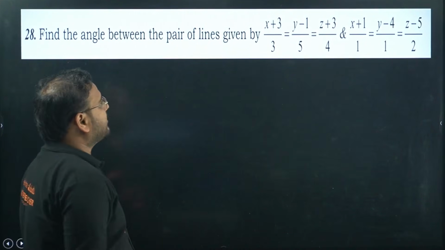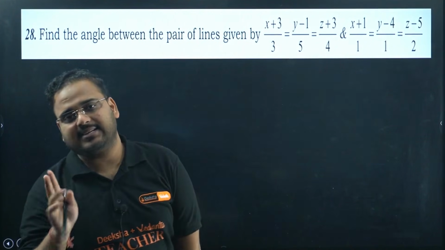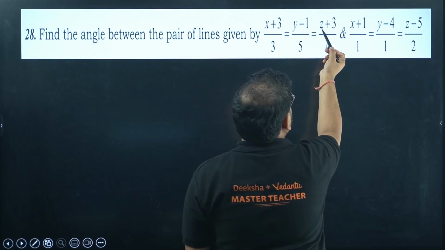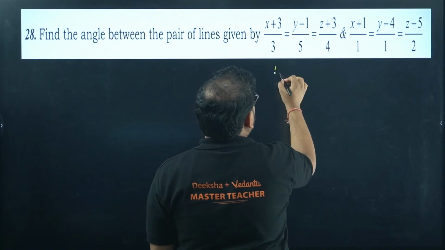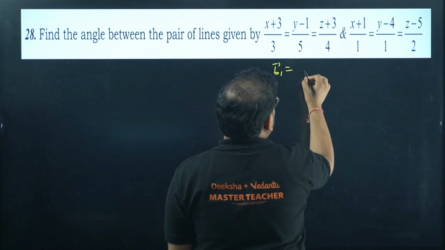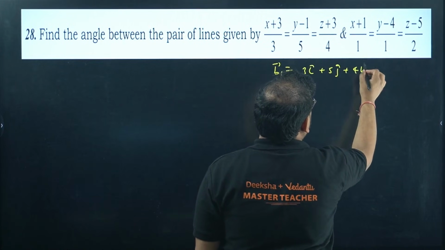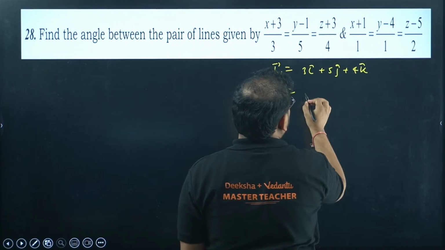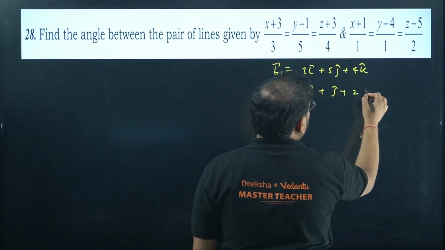Angle they're asking, okay? So first step is to check the coefficients of x, y and z. They have to be always 1. Yes, 1 here, also 1 here as well. So yes, positive 1 is there. So now you are going to identify the vector b1. You will have this as 3i cap, 5j cap and 4k cap. Vector b2 from the second line, the one which is parallel to, so it's going to be what? i cap, j cap and 2k cap.